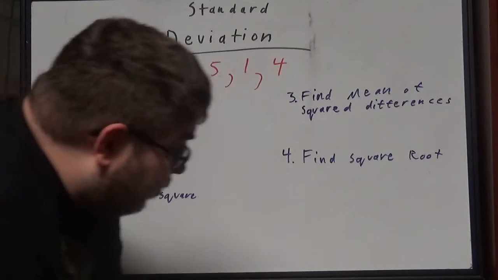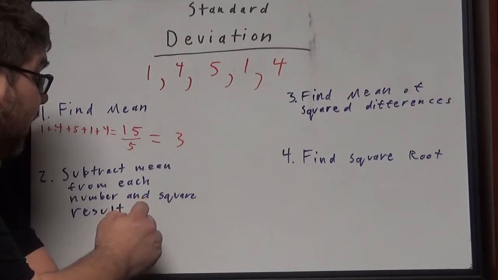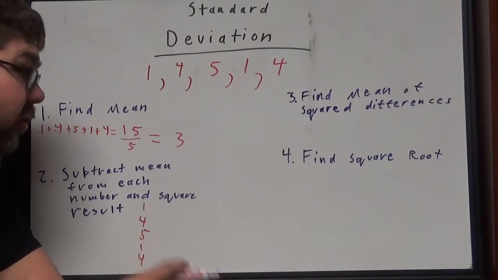Now, what this means is I'm going to list my numbers. I'm going to write 1, 4, 5, 1, 4.